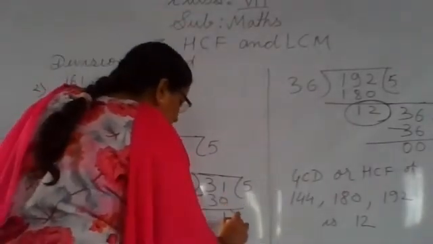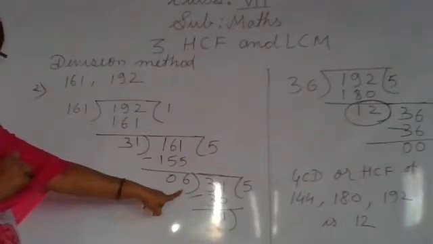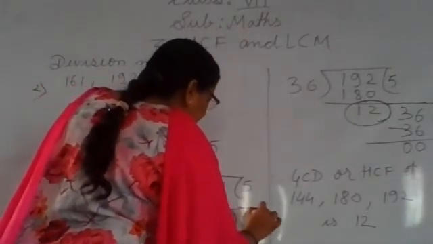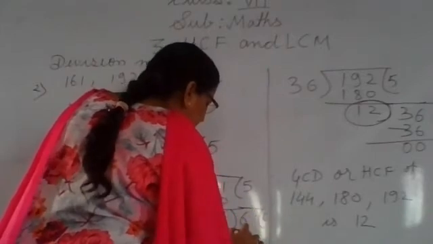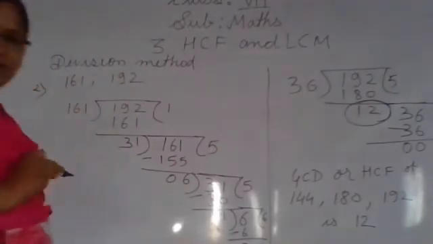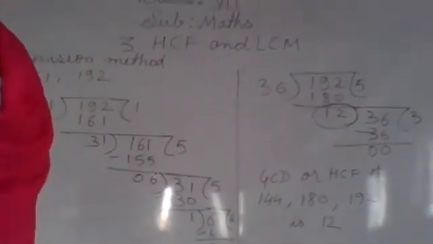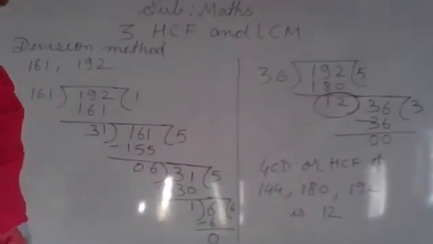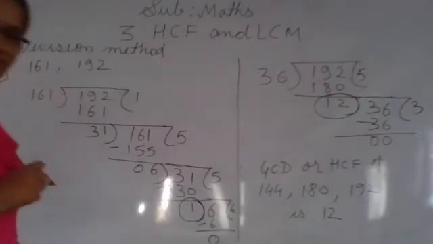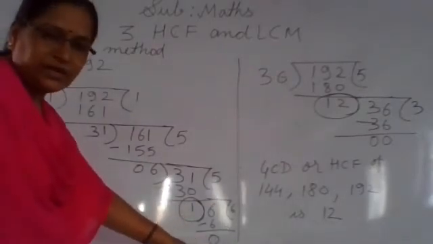Now again, this remainder becomes divisor and the last divisor becomes dividend. Here 1 6 6. See, our remainder is 0. But what is our HCF? So this 1 is the divisor by which we get the remainder 0.